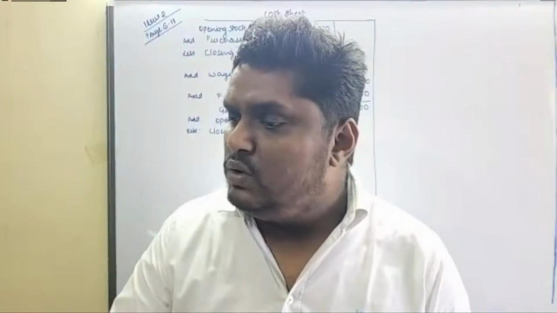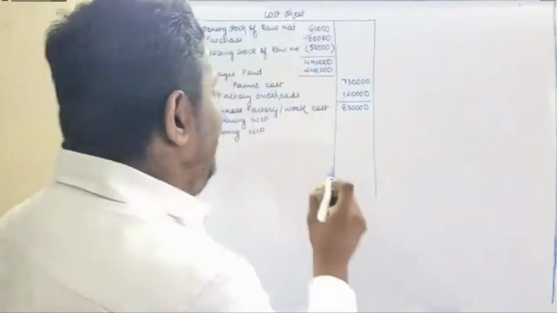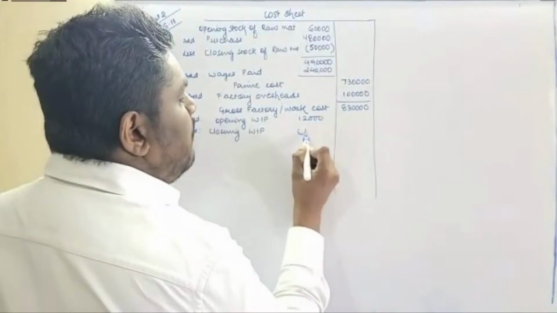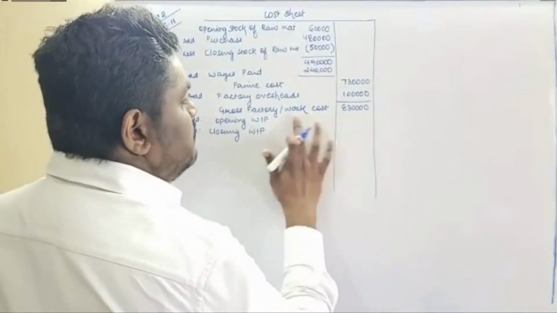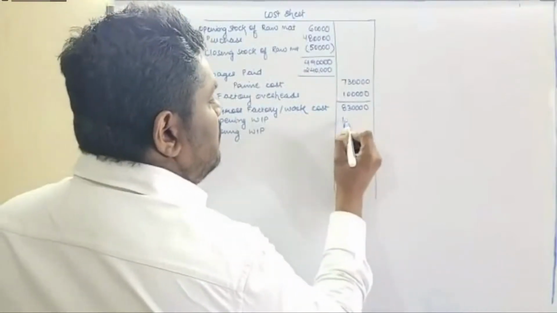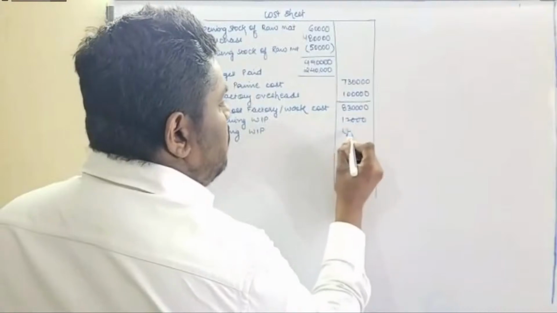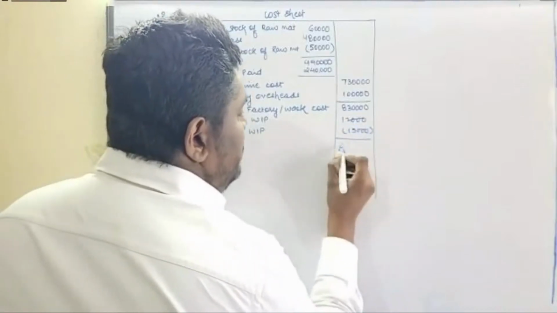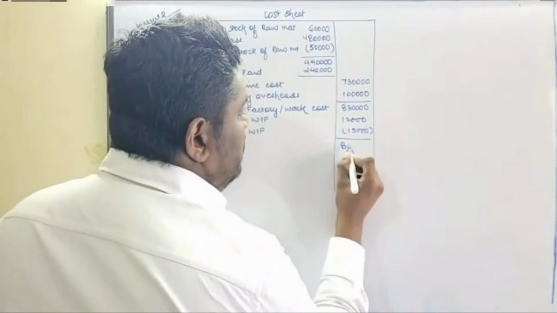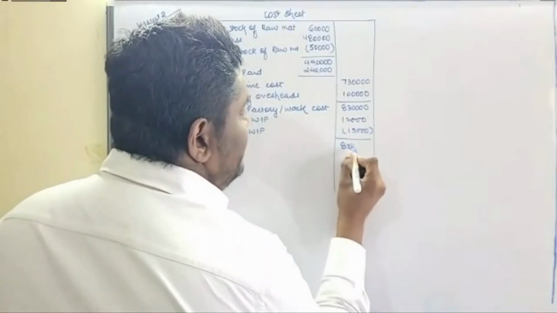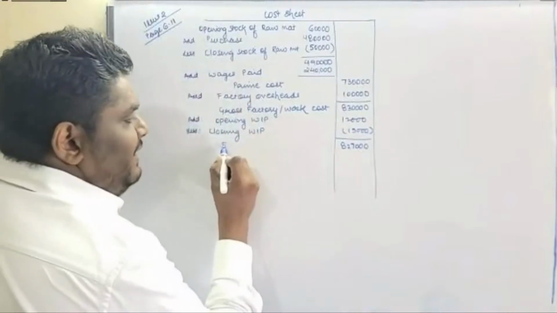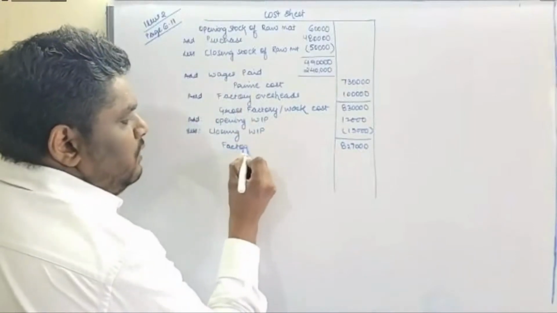The information is given in the question as regards opening and closing work in progress, that is 12,000 and 15,000. So this will be 8,27,000. This is factory cost, or work cost.